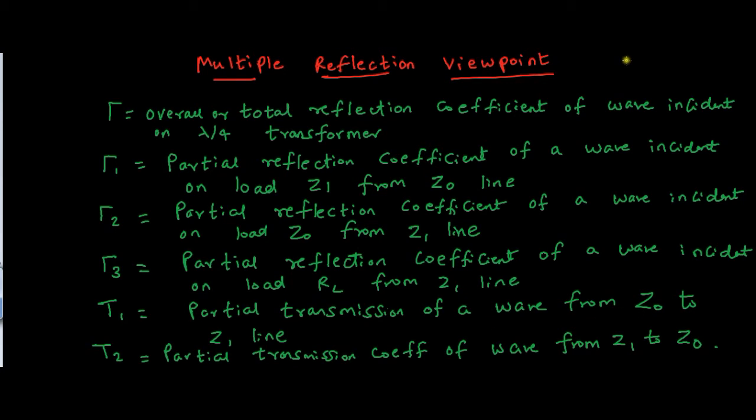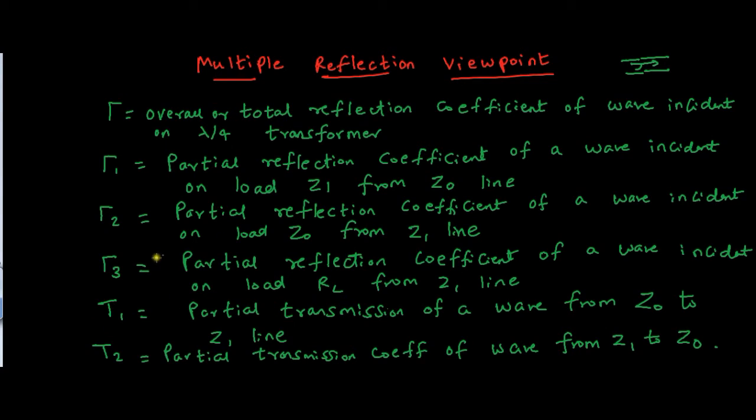It means, this is our first interface. When a wave first encounters interface 1, some part of the wave will be reflected back. Partial reflection coefficient 1 deals with that, and some of the wave will go further. That is nothing but partial transmission coefficient 1.